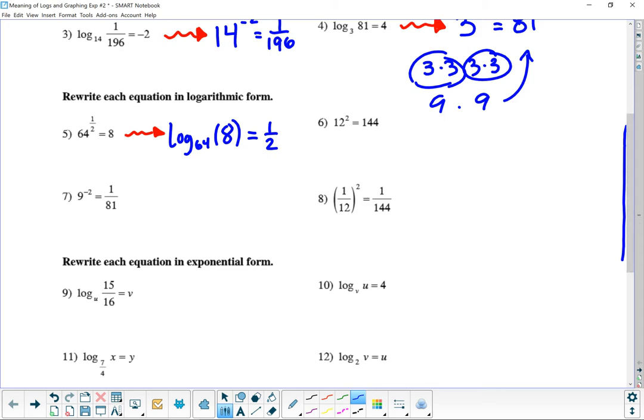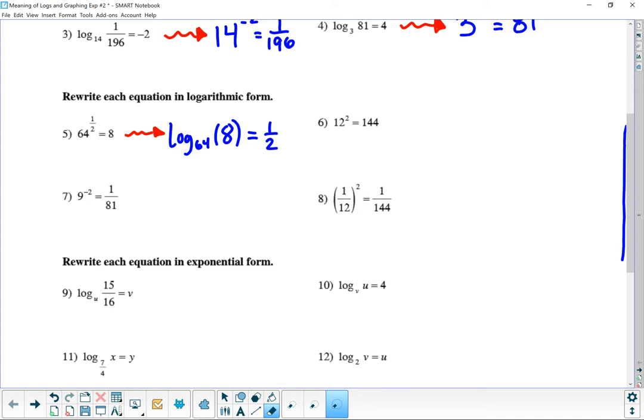Okay, so keep going on this. All right, so this is going to be log base 12, because this is exponential base 12. Log base 12 of 144 is going to equal 2.